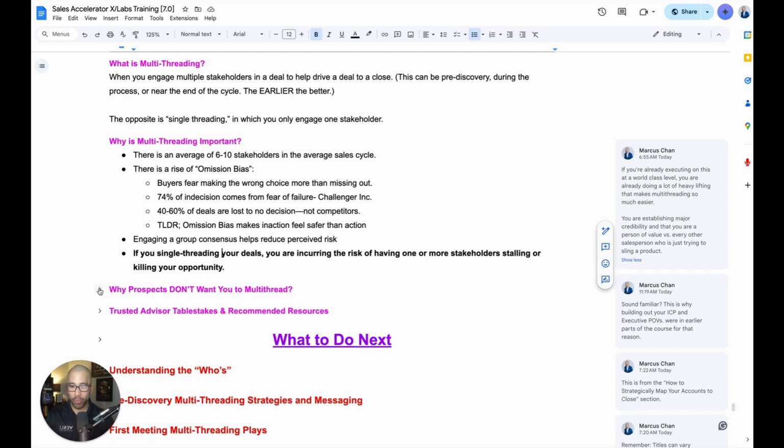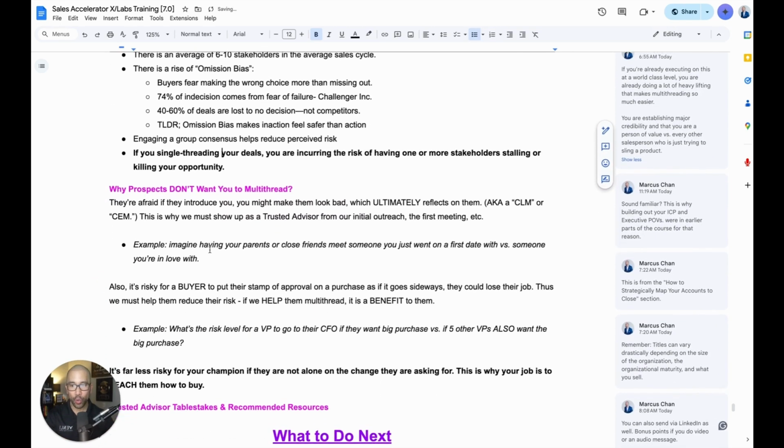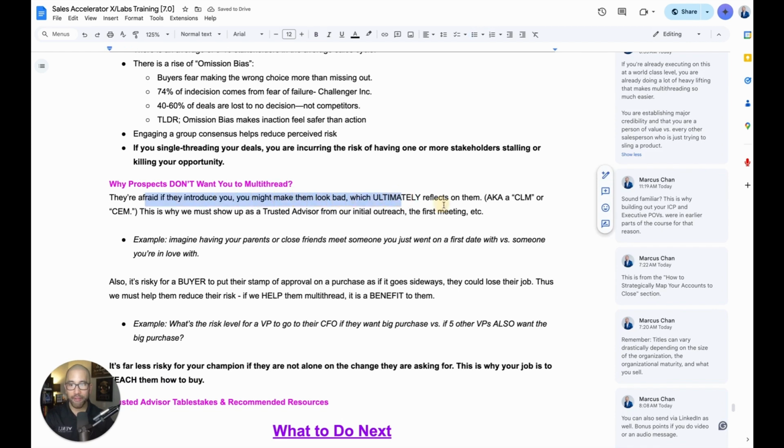The majority of the time they're afraid if they introduce you, you might make them look bad, which ultimately reflects on them, especially if they're looking to introduce you to maybe their boss or boss's boss or other high up execs, which can be very dangerous for them because they're scared of what's known as a CLM, a career limiting move, or a CEM, a career eliminating move, right?